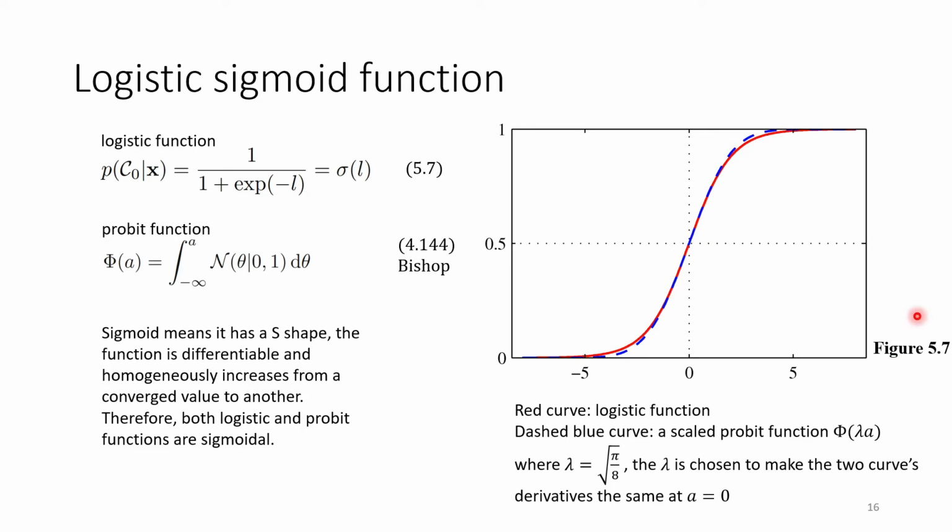In our textbook, the authors deliberately show the two functions and adjust the coefficient lambda to draw the probability function so that the slopes of the two functions, one logistic and the other probability, at the center region are the same.